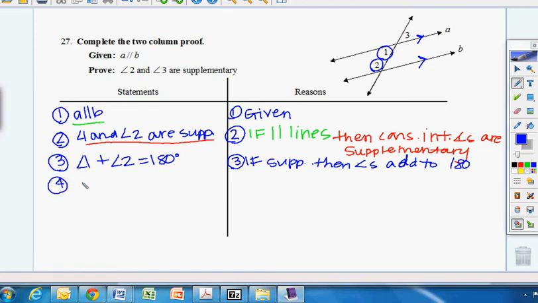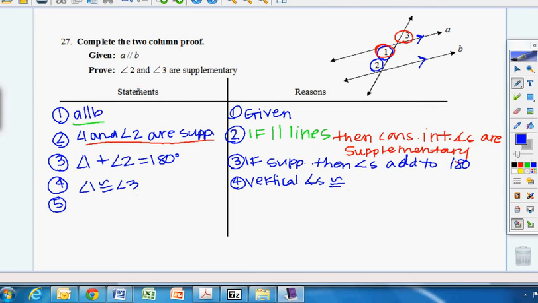And I can also say, just from the picture over here, that angle 3 and angle 1 are going to be the same. So angle 1 is going to be congruent to angle 3, and I can say that because they are vertical angles. So vertical angles are congruent. Any vertical angles will always, always, always be congruent.